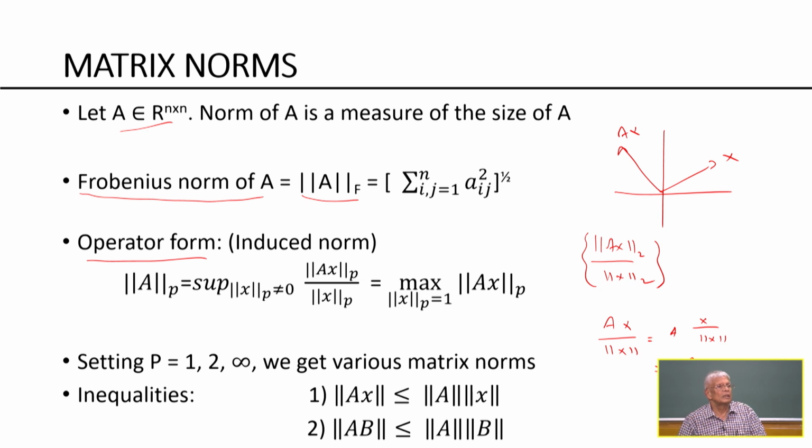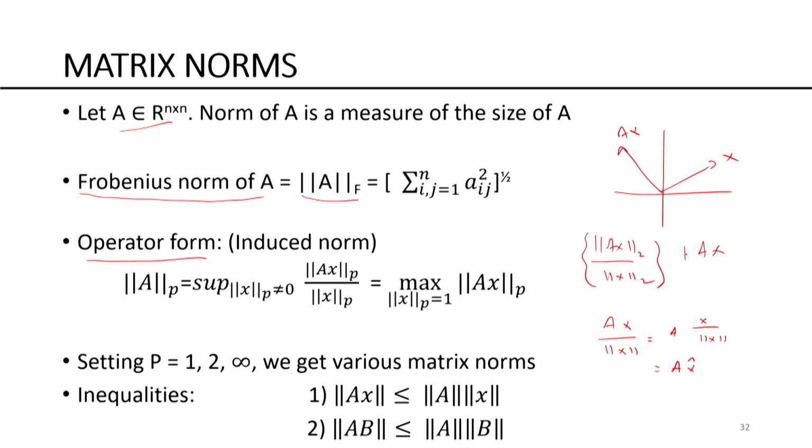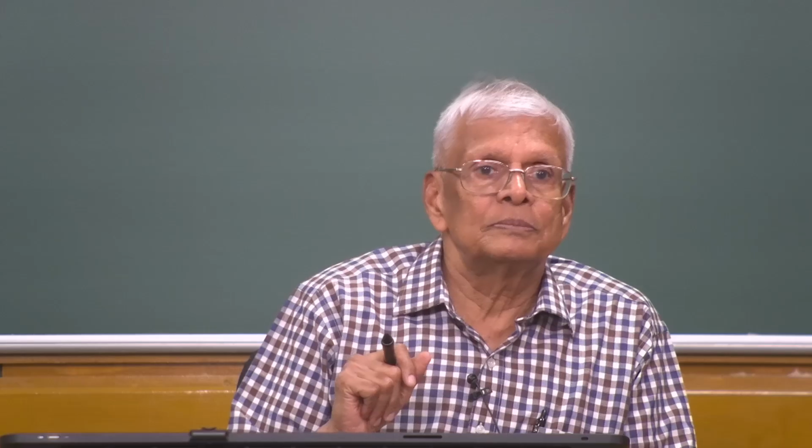All of you with me? Therefore, norm of Ax by norm of x is equal to the norm of A times a unit vector. All of you? Unit vector means length 1.